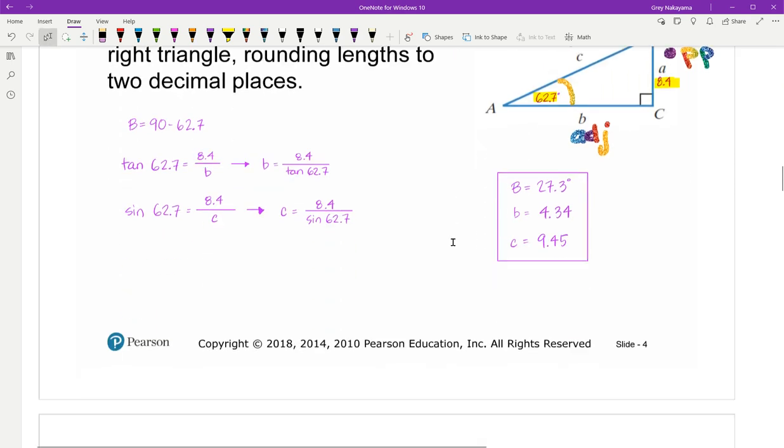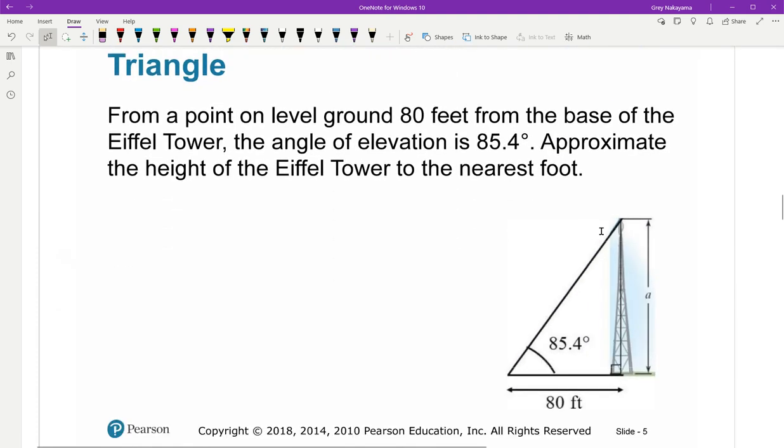Okay, next one, more of an application, real-world problem. From a point on level ground, 80 feet from the base of the Eiffel Tower, the angle of elevation, that's when we're looking up, is 85.4 degrees. Approximate the height of the Eiffel Tower to the nearest foot.